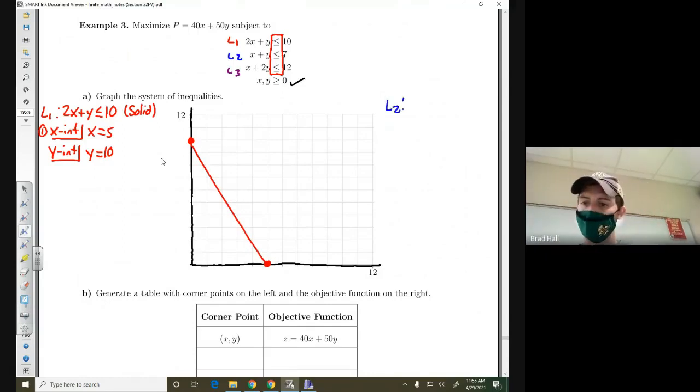Let's do the next line. X plus y is less than or equal to 7. Yet again, it's a solid line, as we already foreshadowed. Look at the x-intercept and the y-intercept, which both seem to be 7.